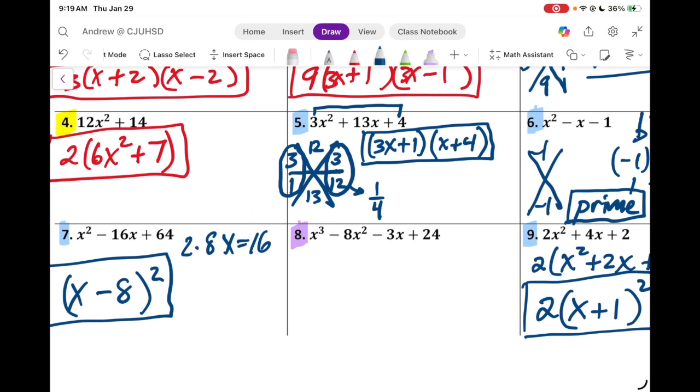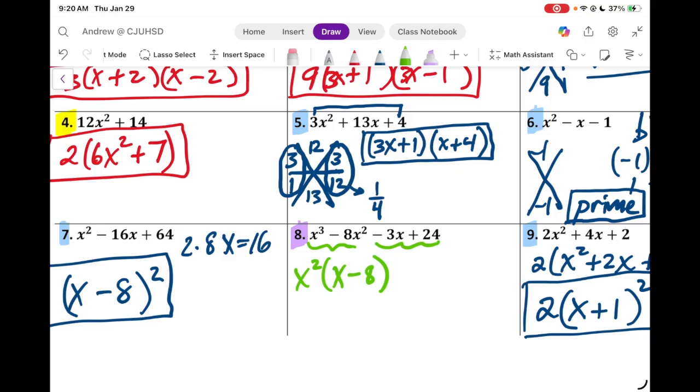Number 8. Unique because it has 4 terms. So, if it's going to factor, here's how it factors. Look at 2 terms at a time and take out the GCF. So the first 2 terms have a common factor of x squared, and that would leave behind, in other words, if you do the distributive property, what could get you back to where you were would be an x minus 8.